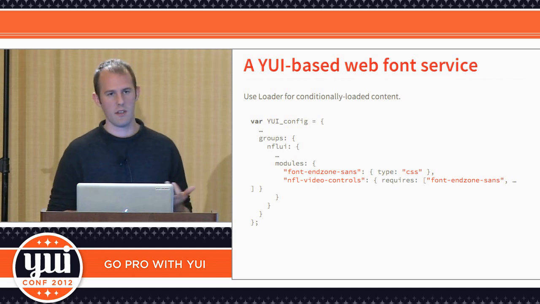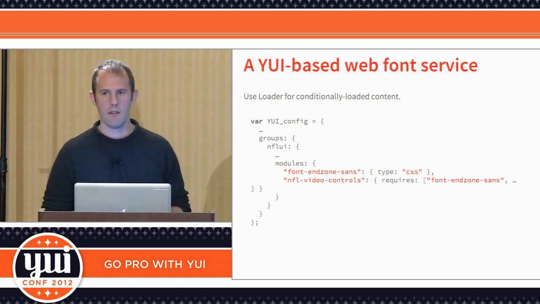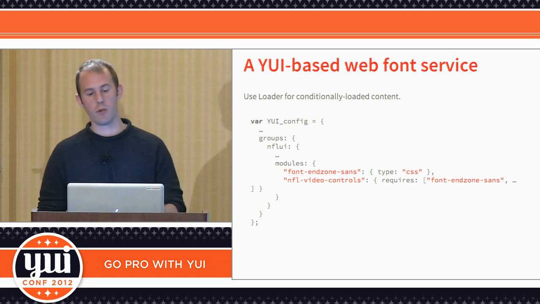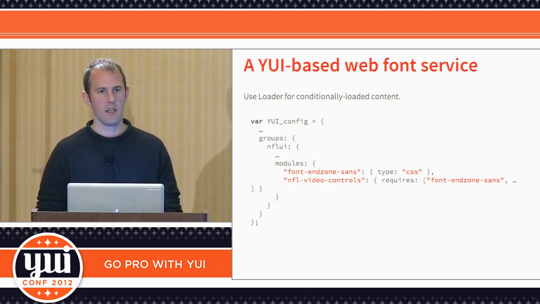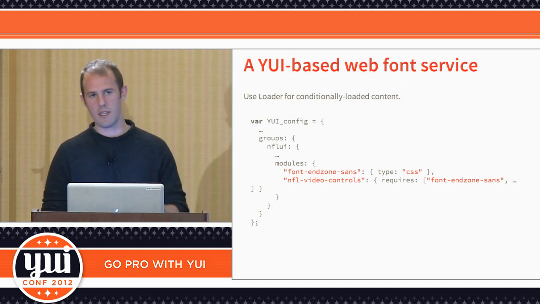That style sheet contains no logic other than the font face definition. Then other modules can add that module to their requires list. So when we request the NFL video controls, it'll say, oh, I need the Endzone Sans font CSS, so I'll go get that first.